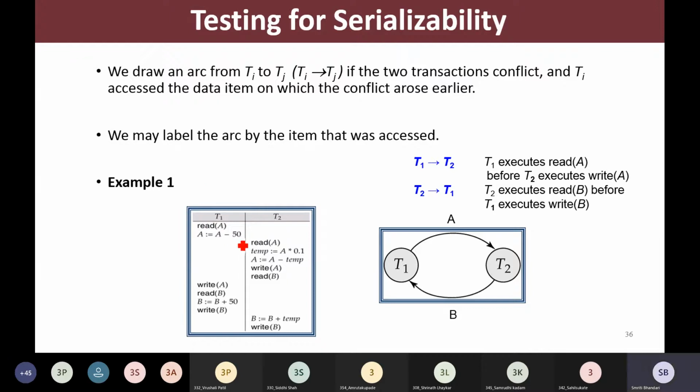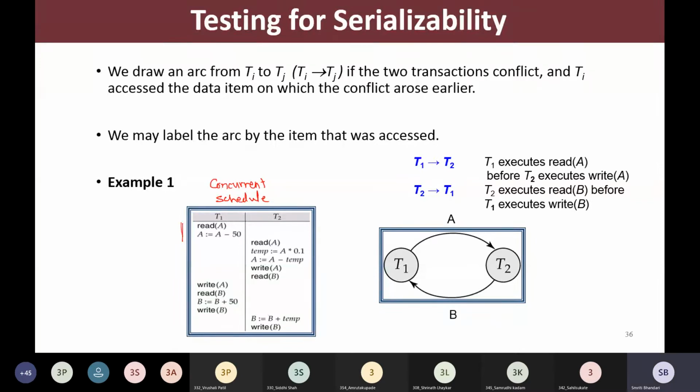See here in this example, we are having one schedule, and in this schedule, two transactions are participating, and these are T1 and T2. So I'm having here a few instructions from T1, then a few instructions from T2 and so on. So this is a concurrent schedule. Right?